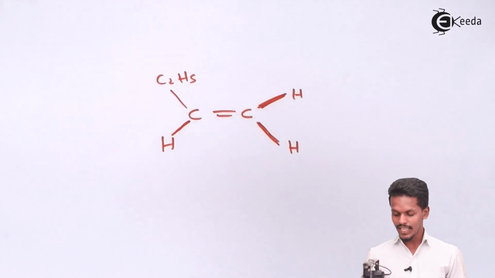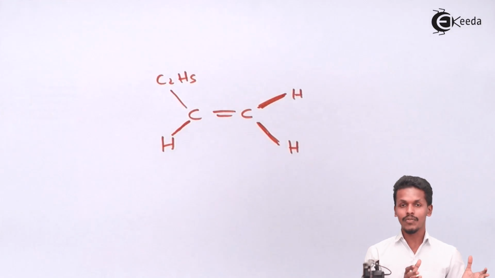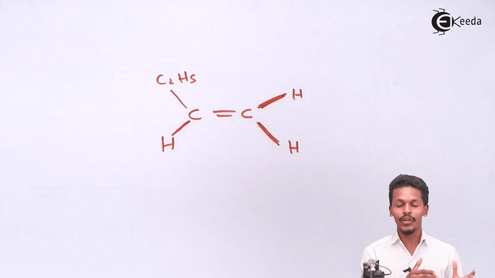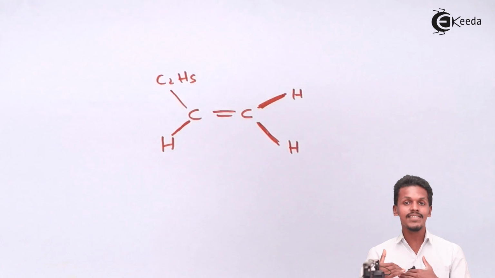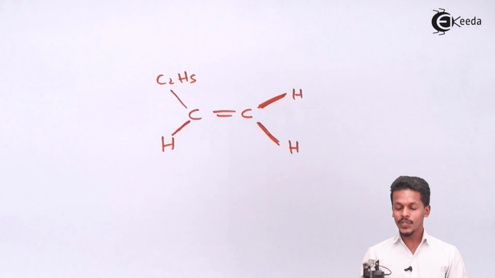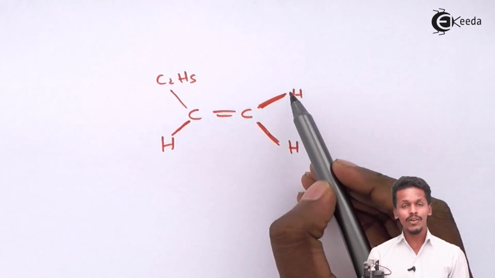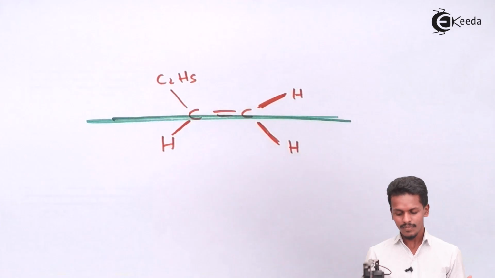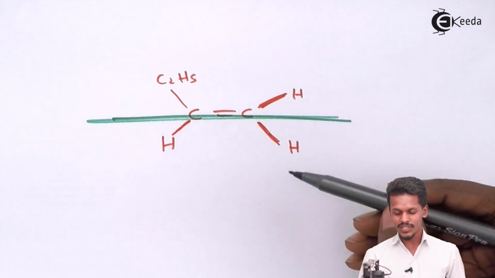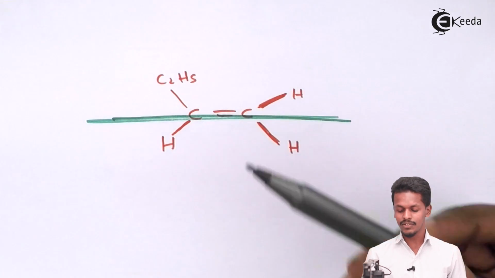The reason is that, according to the definition of cis and trans isomers, the groups would be either on the same side or on the opposite side. Talking about the hydrogens, they are basically on the opposite side, as we could see. Suppose we divide in this manner, these are the two hydrogens on the opposite side, or in this manner also we could see they are on the opposite side.